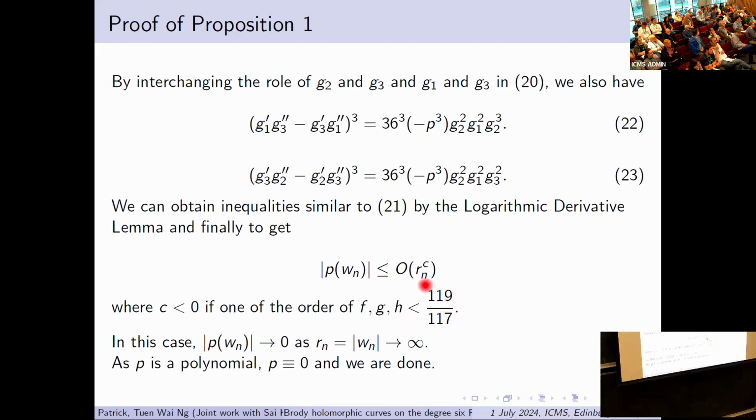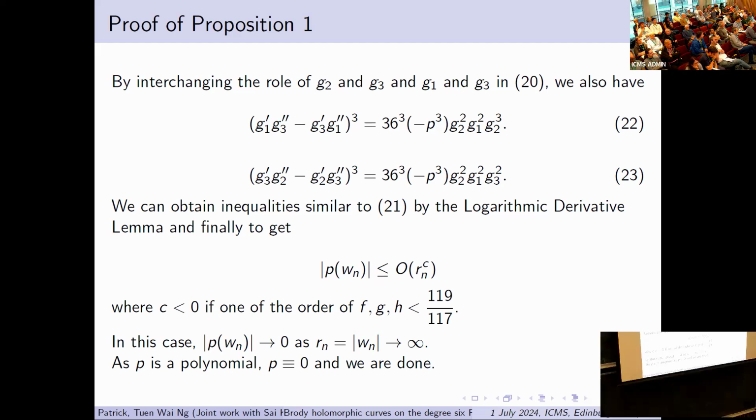However, because we know in this particular case F, G, H are finite order entire functions, this P has to be a polynomial. And therefore you have an infinite sequence so that this goes to 0, and therefore this P has to be constantly equal to 0. So once this P is constantly equal to 0, then you know that F and G will only give you a trivial solution. So that finishes the proof of Proposition 1.